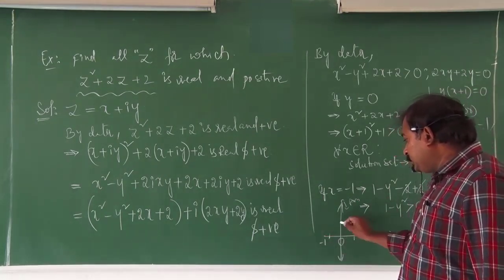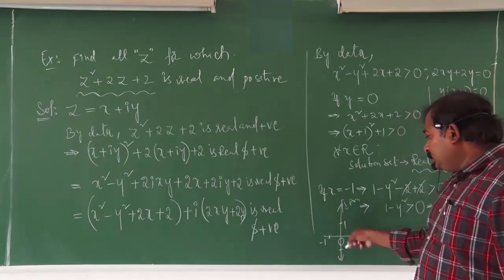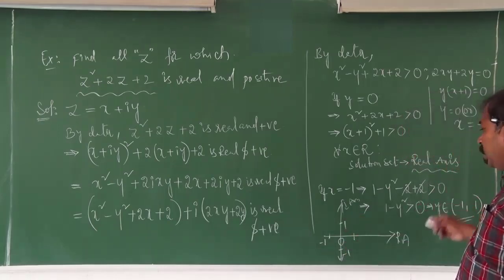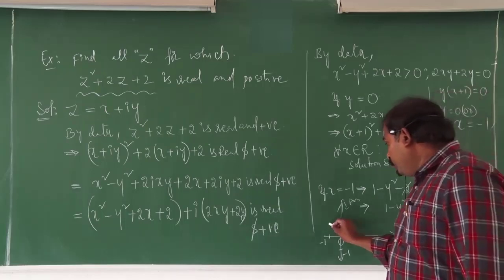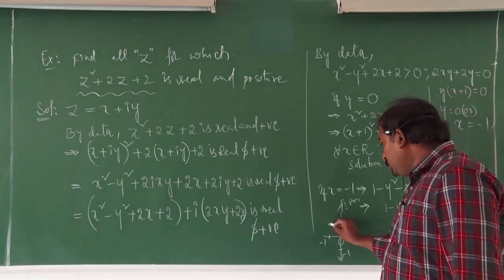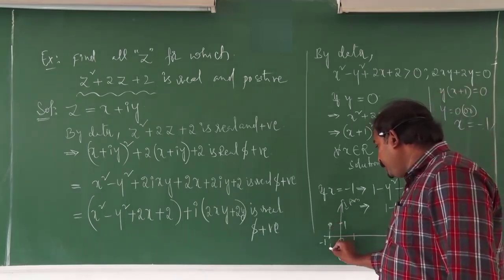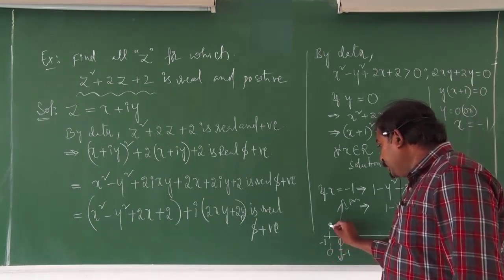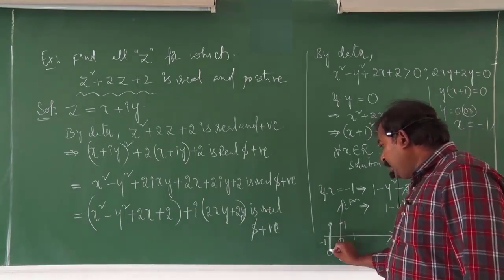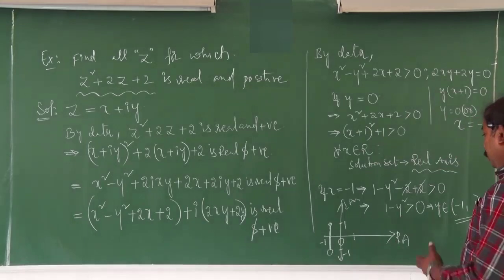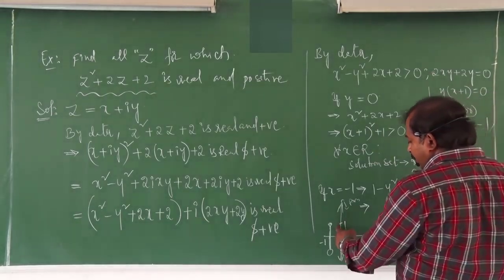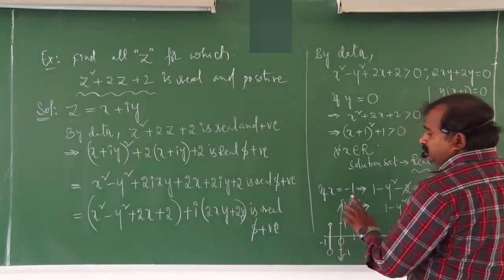If x equal to minus 1, y belongs to minus 1 to 1. So from here to here you will get the solution: x equal to minus 1, with y from minus 1 to 1.